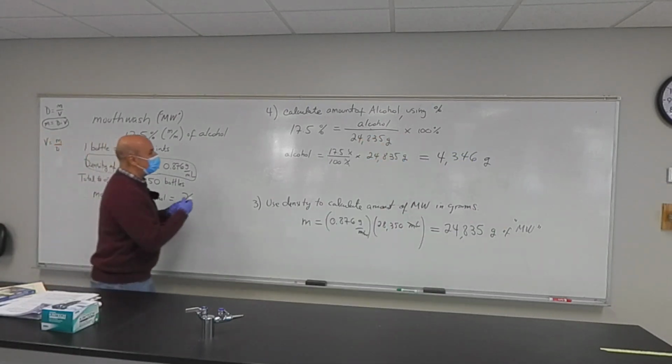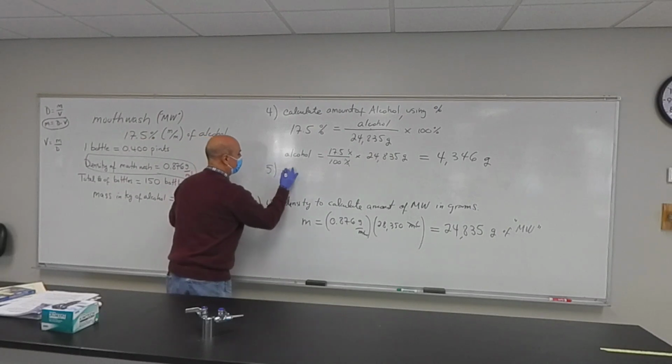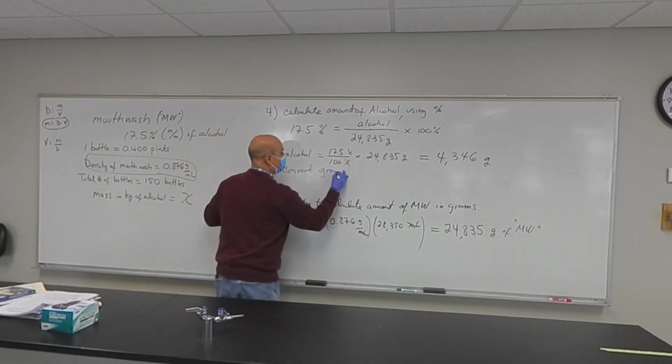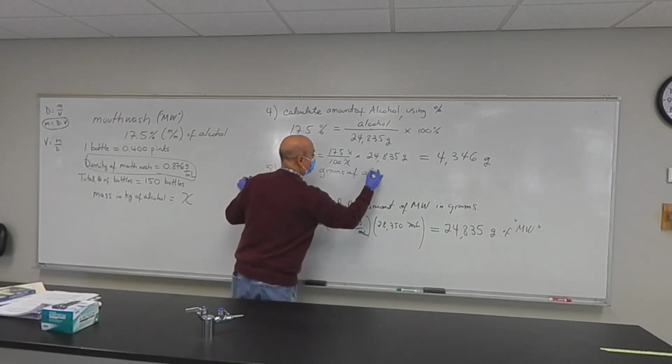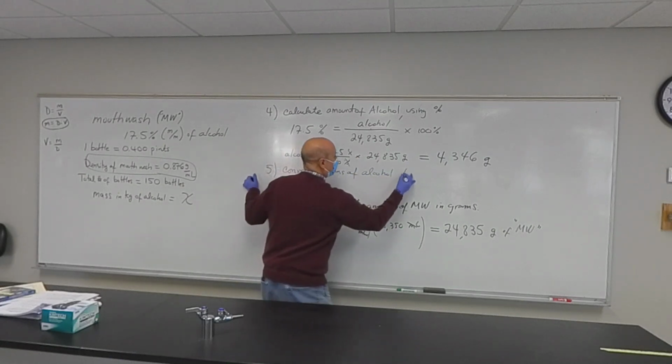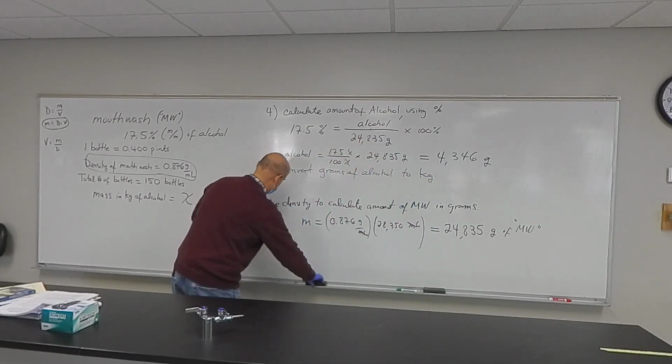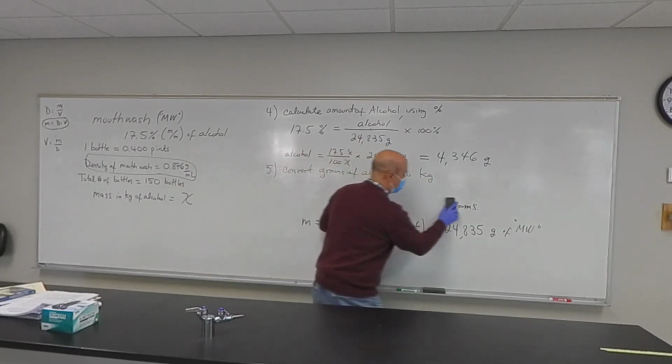So we have one more step. 5. Convert grams of alcohol to kilograms. That's it. And then we're done.